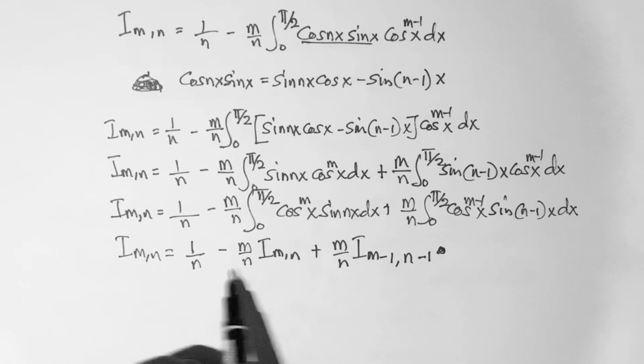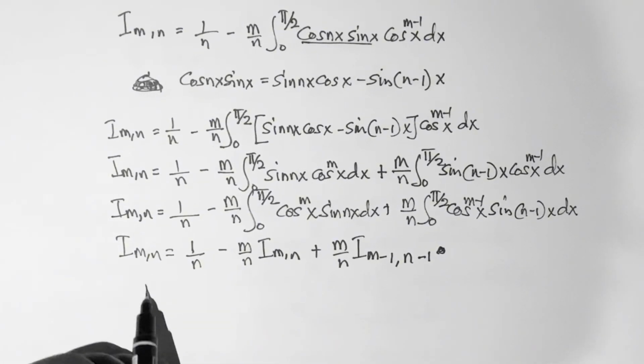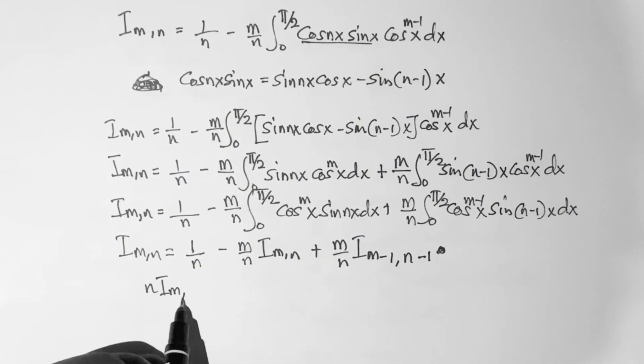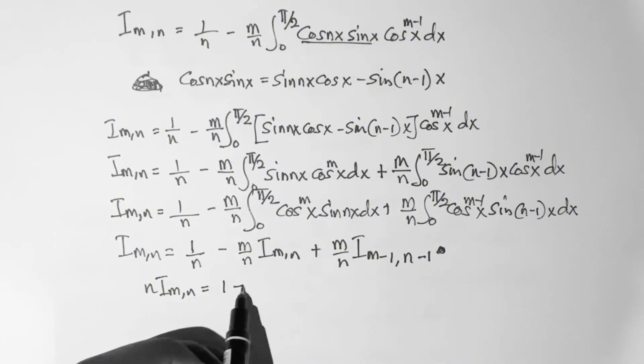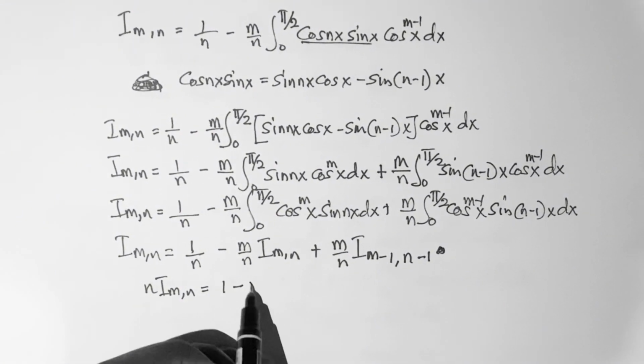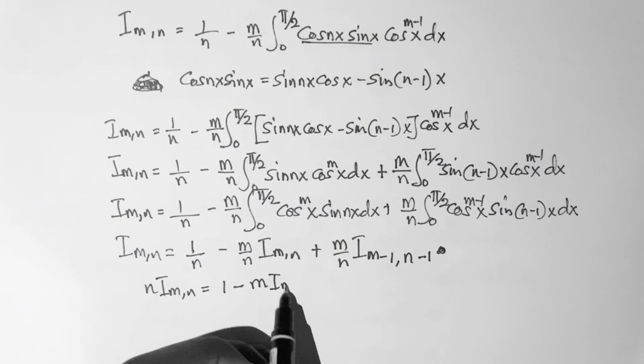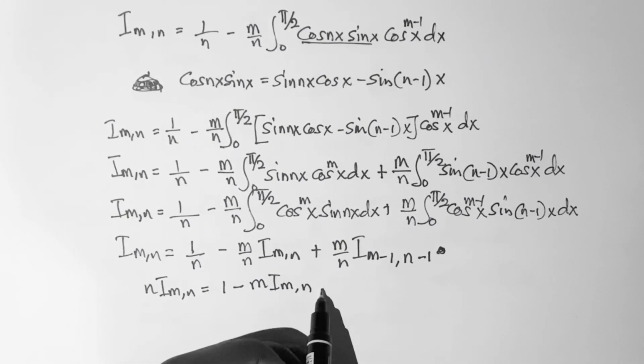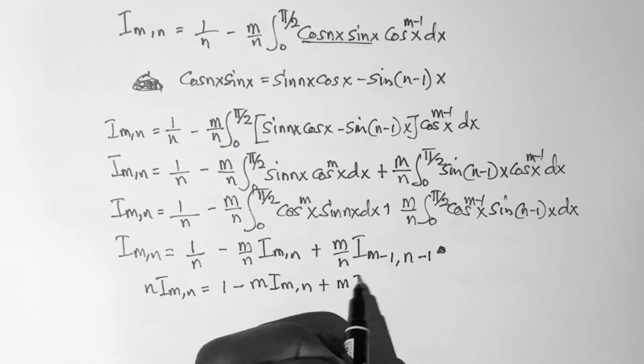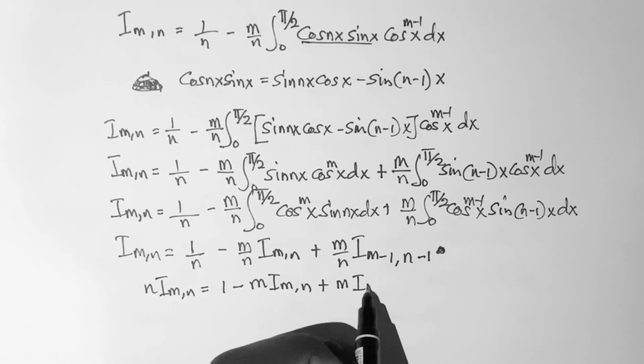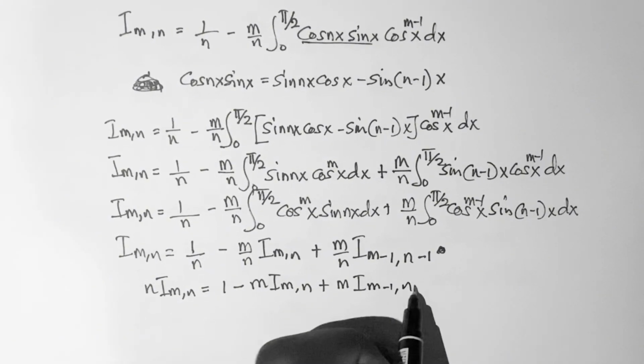Now, let's multiply through by n. We have n I of mn equals 1 minus m I of mn, then plus m I of m minus 1, n minus 1.